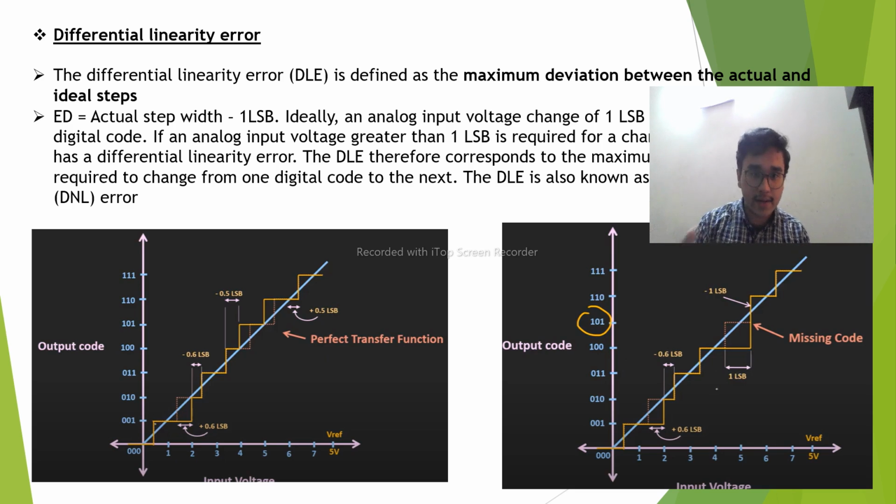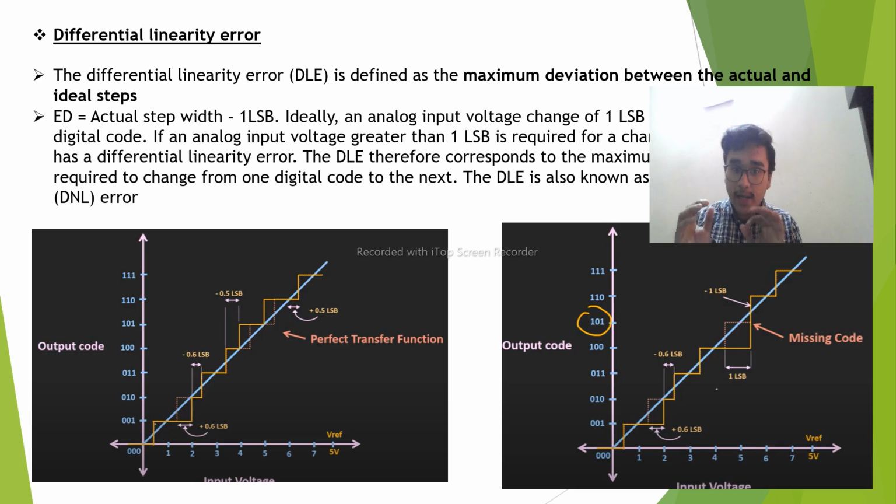It's a varying difference. It's not a perfect staircase diagram. The difference is much higher at one point and much lower at another. You can see plus 0.6 LSB at one place, and other places you can see minus 0.5 LSB. So we can just say that it is a difference between the actual curve and the ideal curve.